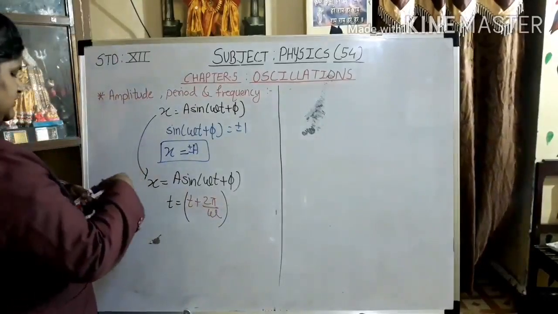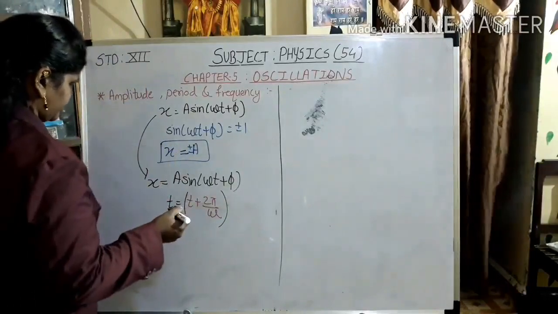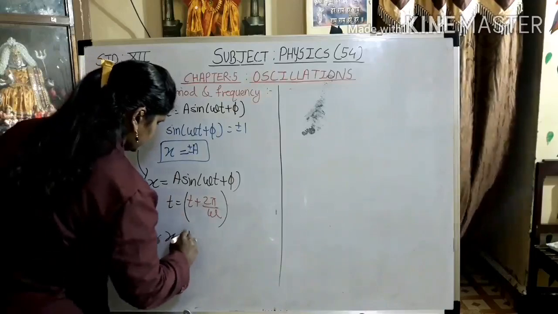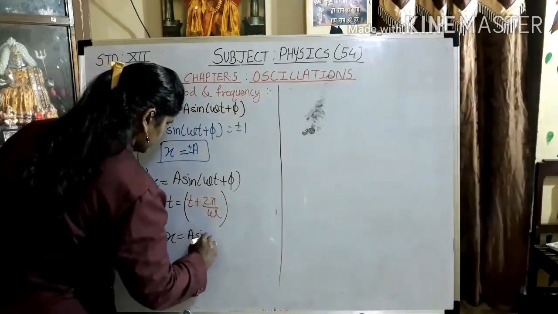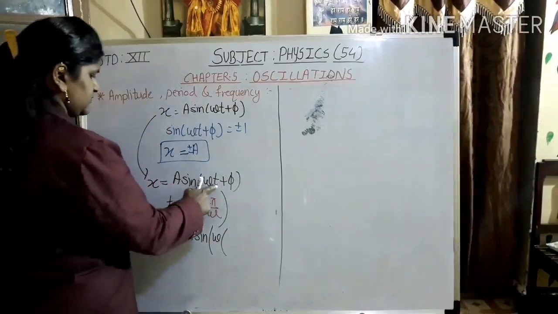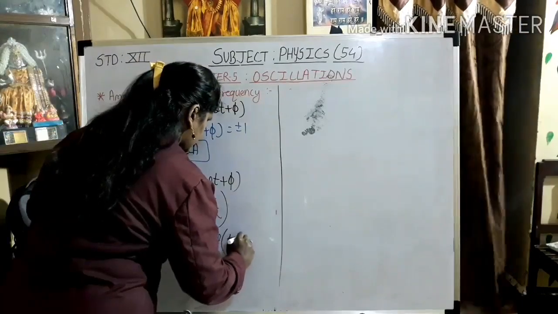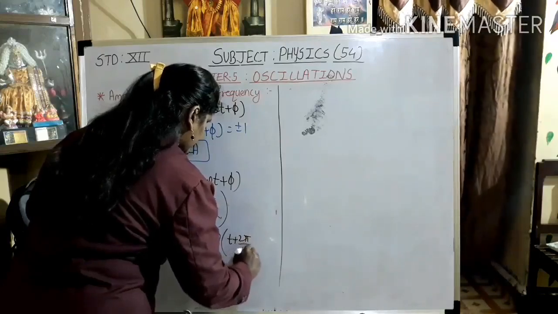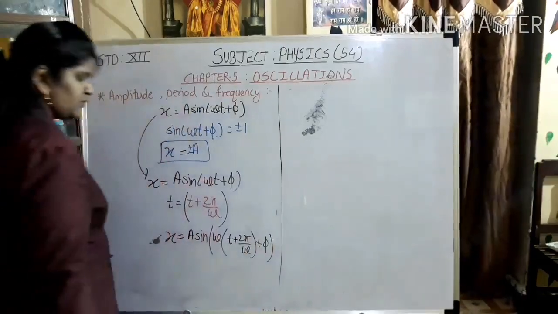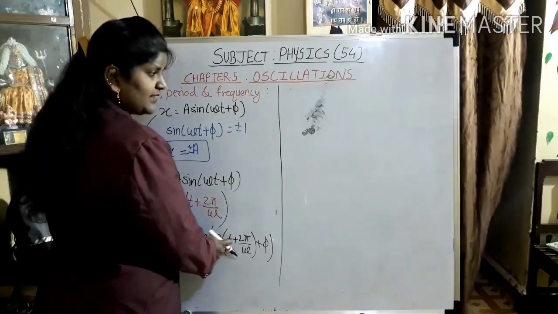So what will we get over here? We will get x is equal to a sin, omega will be as it is. Instead of t, we are going to put t plus 2 pi divided by omega, plus phi. Okay. So I will multiply this omega inside the bracket.